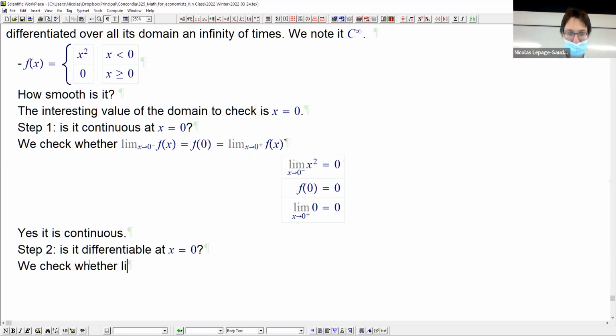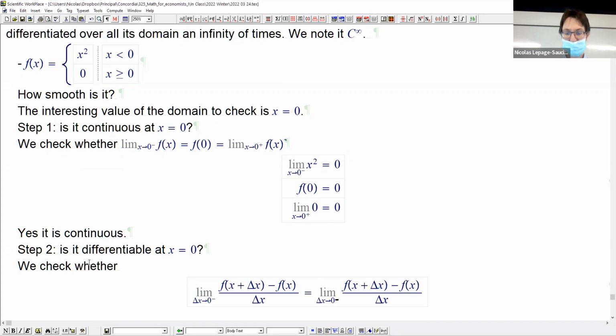So check whether the limit, when delta x goes to 0 from the left, of f of x plus delta x minus f of x, divided by delta x, is equal to the limit when I come from the right.